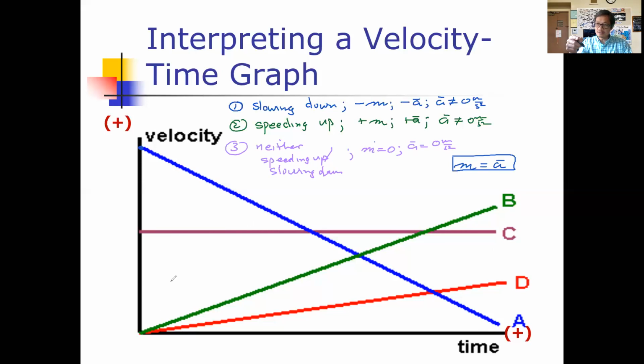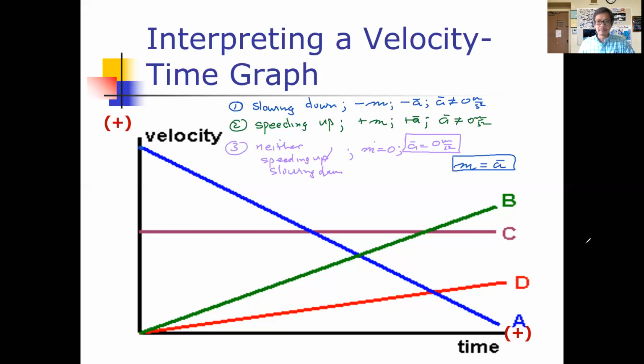Here we have constant 0 acceleration, which means it neither speeds up nor slows down, which is different from the first two cases where the acceleration was not 0, which means the velocity constantly changes. Here, the velocity does not change.